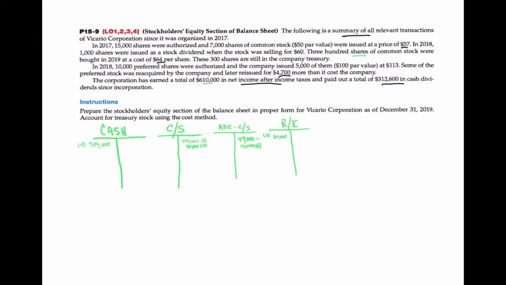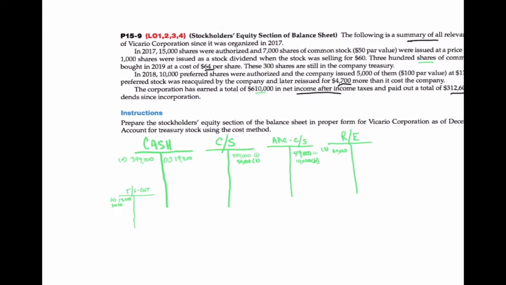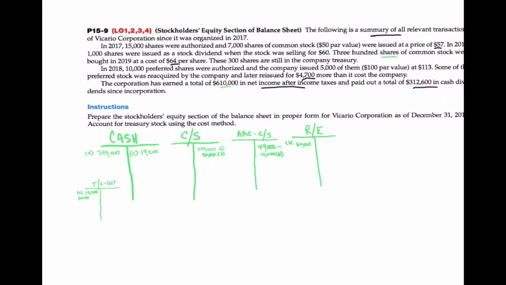So that's going to be 300 times 64, $19,200, and that's going to be C. We're recording this on the cost method, and that's going to be a debit to treasury stock at cost, 19,200, and that's for 300 shares, C. And they're still in the treasury.